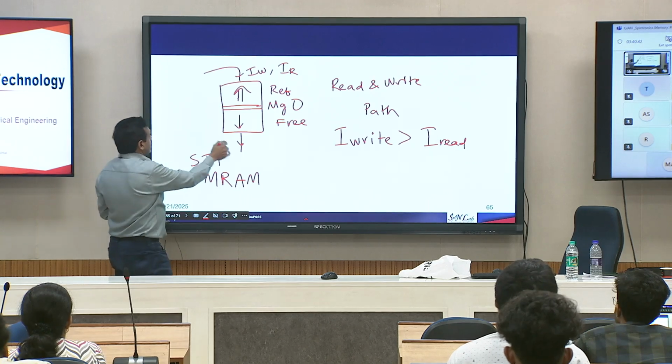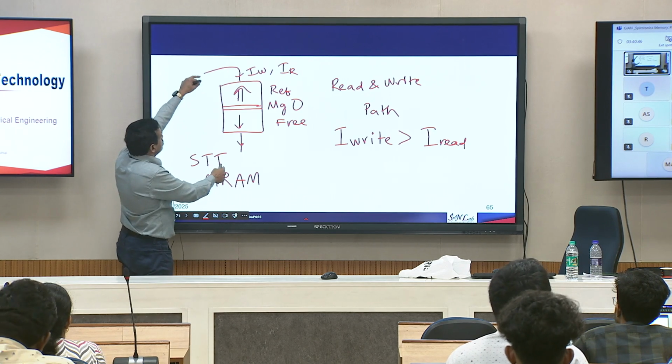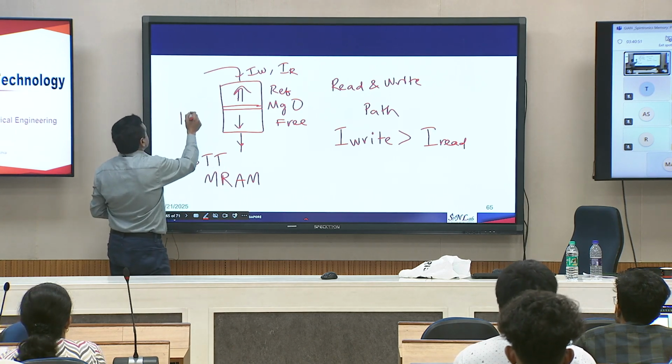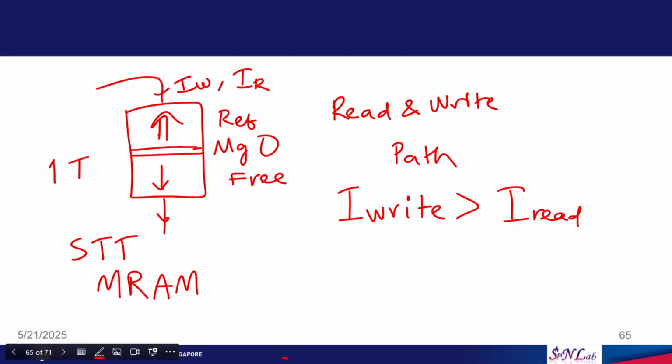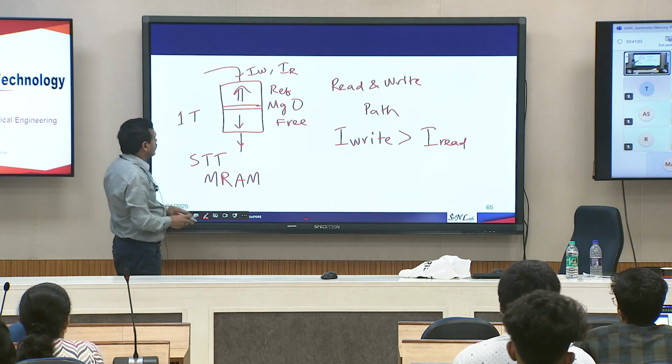So, the advantage of the STT MRAM is you just need one transistor. One transistor is enough. So, it can supply current to write information, and it can supply current to read the information.